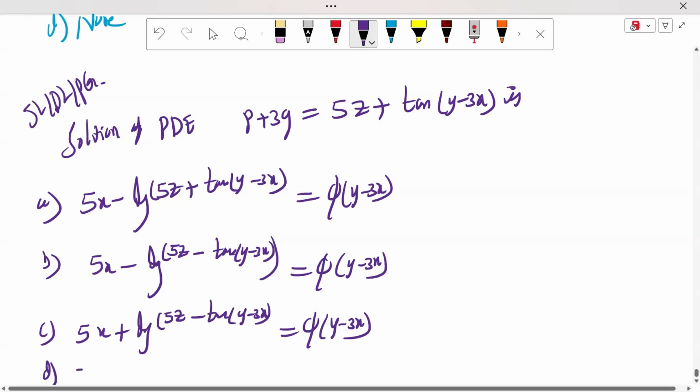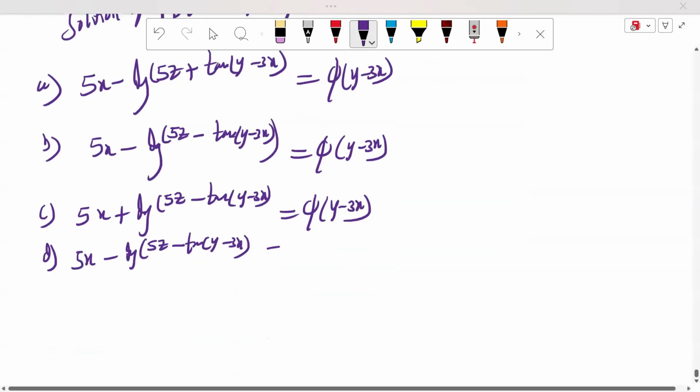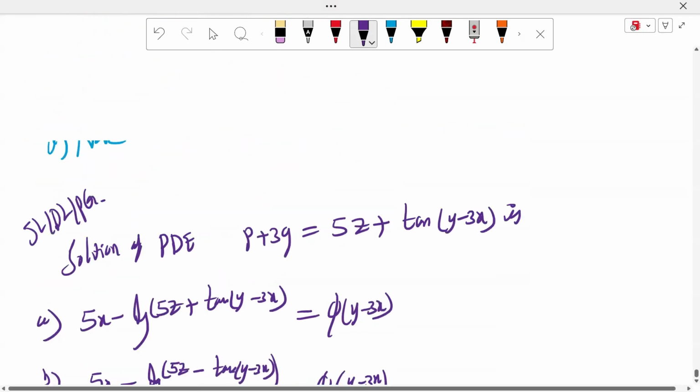Option D. 5x minus logarithm 5z minus tan of y minus 3x is equal to phi of y minus 3x. So these are the four options, sir.